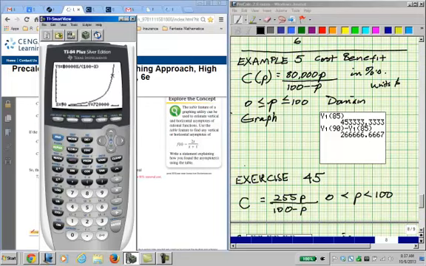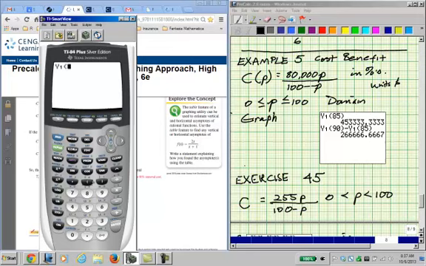And so here I put the function in just like I did with problem 45. Now, what I did was I got out of here and I went to vars, yvars, and then function, and now I got y1 on my screen.